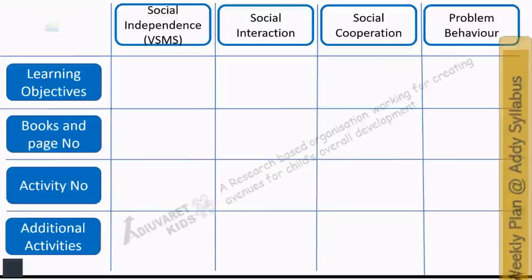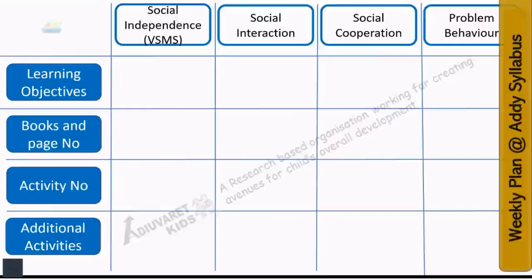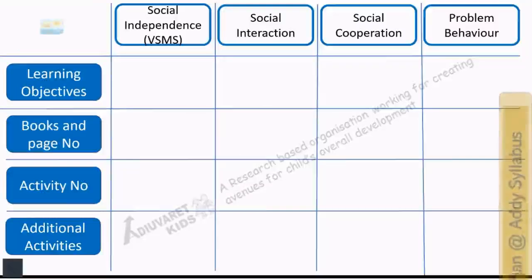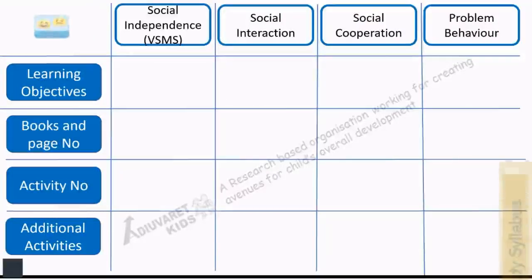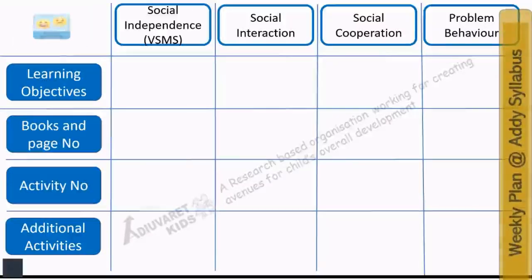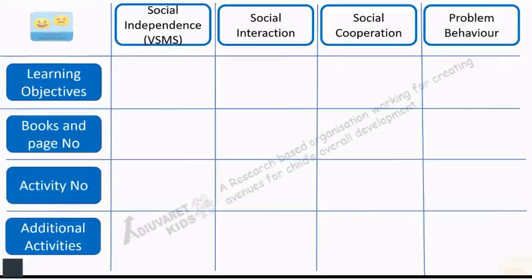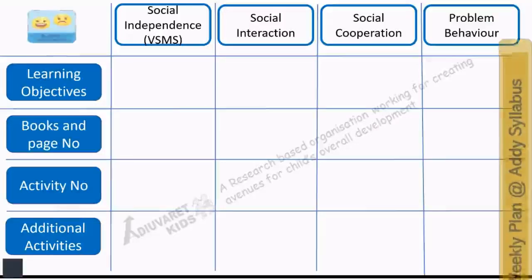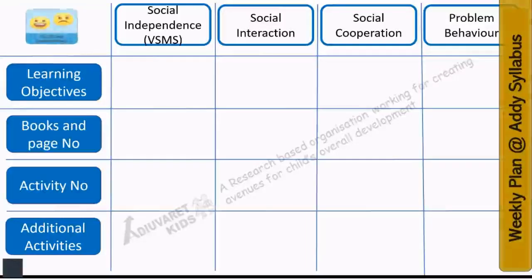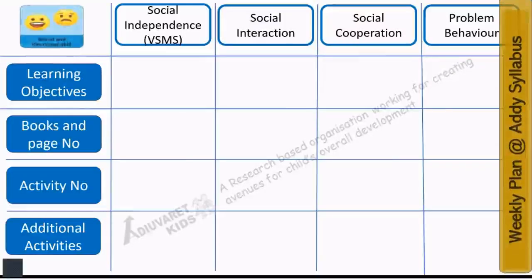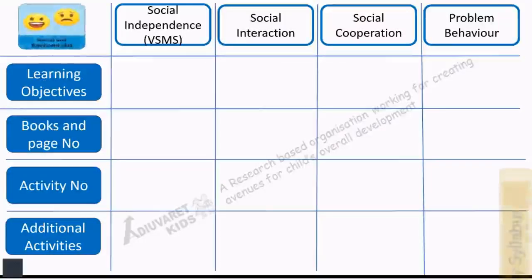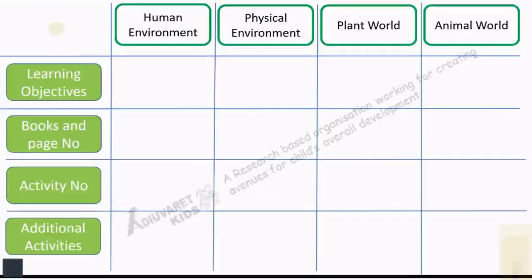Same for social and emotional skill: the same four skill components of this particular social skill, learning objectives, and activity numbers are given in a very well designed template so that it will be easy for the teachers to read and understand, so that they can plan their week accordingly.